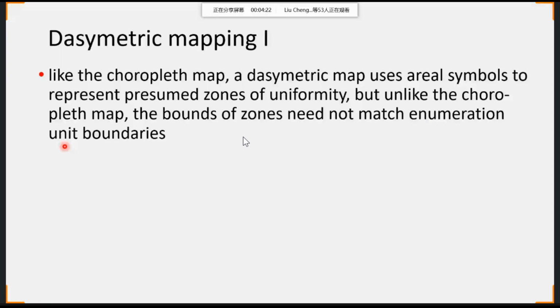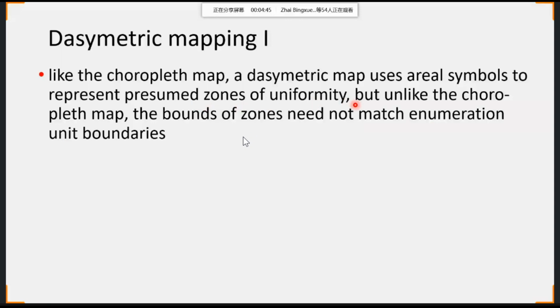With dasymetric maps, this is a bit different. They do not need to follow these boundaries. So it is possible to establish other kinds of boundaries in these maps. But what is still the same is these zones of uniformity.